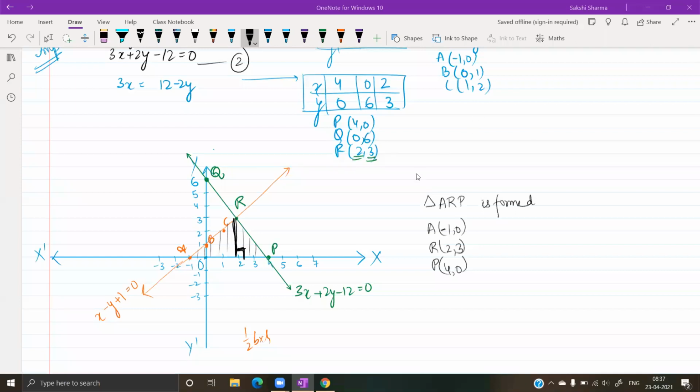Anyone with questions here? Excuse me, ma'am. Yes, Rohan. Ma'am, if they said we have to take the positive triangle form, can we have taken BRQ triangle?